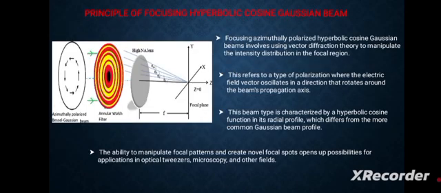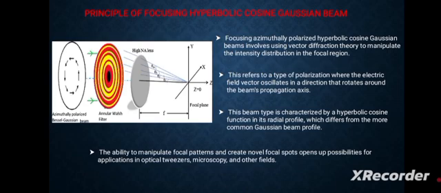What is the principle of focusing hyperbolic cosine Gaussian beam? Focusing azimuthally polarized hyperbolic cosine Gaussian beams involves using vector diffraction theory to manipulate the intensity distribution in the focal region. Azimuthal polarization refers to a type of polarization where the electric field vector oscillates in directions that rotate around the beam's propagation axis.